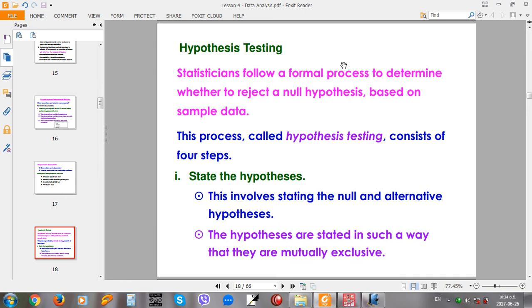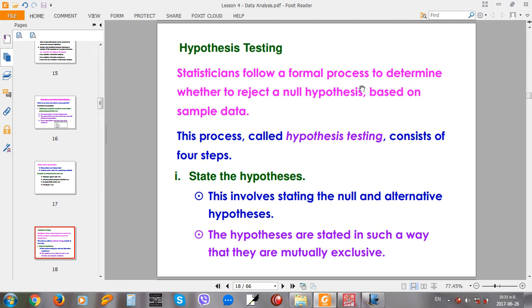In quantitative research we have to state the hypothesis, which means we are predicting, based on previous experiences, that this can happen. Based on those hypotheses we do the research and analyze data, and we prove the hypothesis correct or wrong.